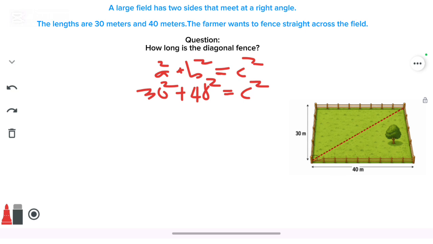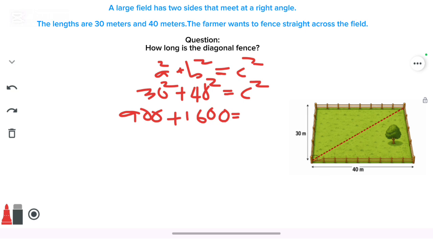So 30 squared is equal to 900 plus 40 squared is equal to 1600, which is equal to c squared. Alright, so we have 900 plus 1600.